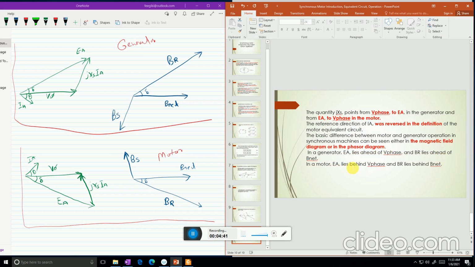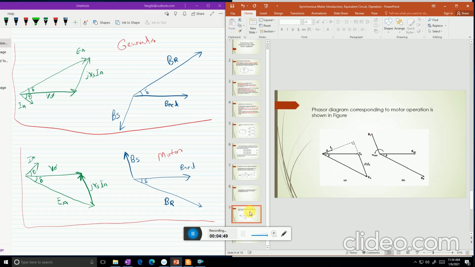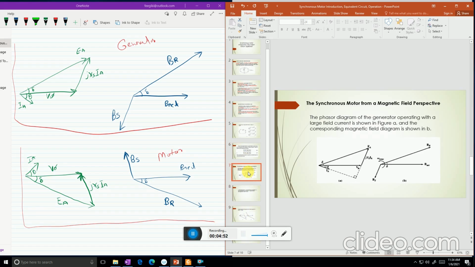In a motor, EA lies behind V phase and BR lies behind B net. So that's how the magnetic field perspective of the synchronous motor looks like. And this is the difference between the magnetic phasor diagram of the synchronous generator and the synchronous motor.